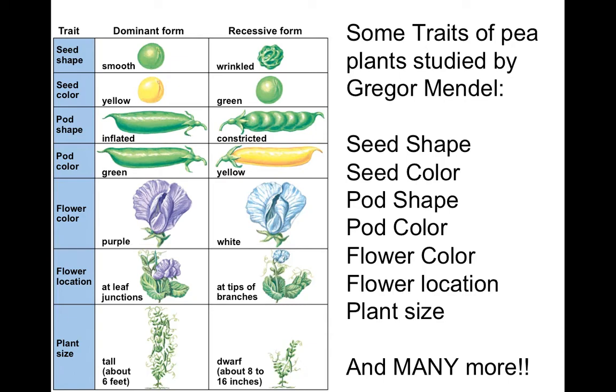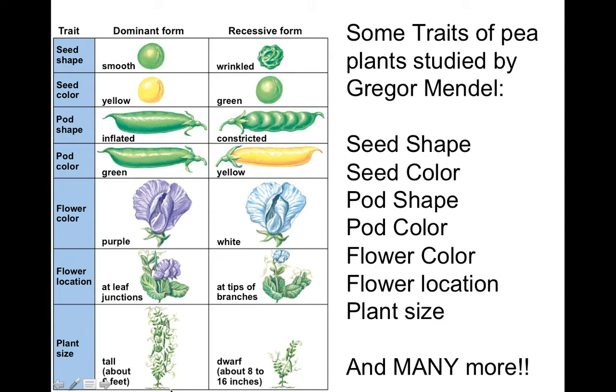Before I show you that dihybrid cross, I want to show you several of the different traits that Gregor Mendel studied. Now, I'll remind you, he wanted to study only things that were dominant versus recessive. So only two different phenotypes. There's no range, right? There's no in-between for any of these. And he looked at things like seed shape, seed color, pod shape, flower color, the flower location, right?